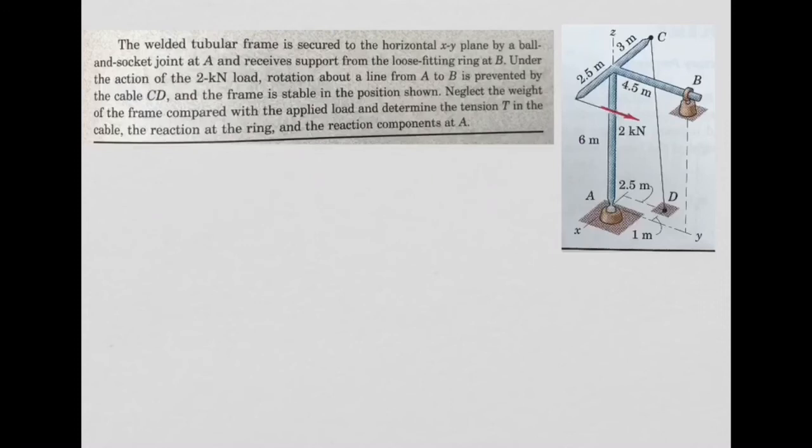So this example, you have this structure here. Basically you have a tubular frame. You have these 2 kilonewtons applied here in this point. What else do you have? Well, you have this cable connecting point C with point D. You see this cable here.